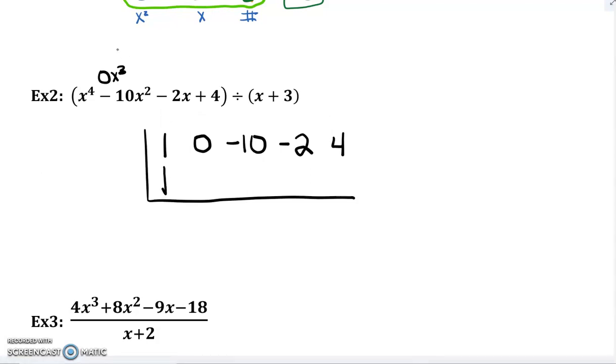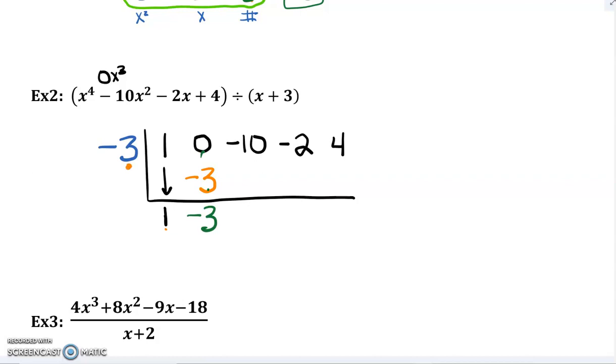All right. And I always drop that first number down because we have to have something to start with. What do we need to write here? Negative 3. Because we're dividing by x plus 3, we are going to use negative 3 in synthetic division. Okay, multiply. Negative 3 times 1, negative 3. And then add. 0 plus negative 3 is negative 3.